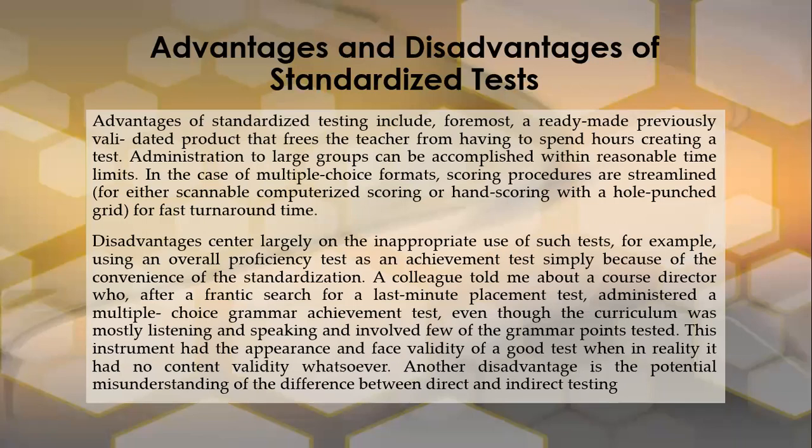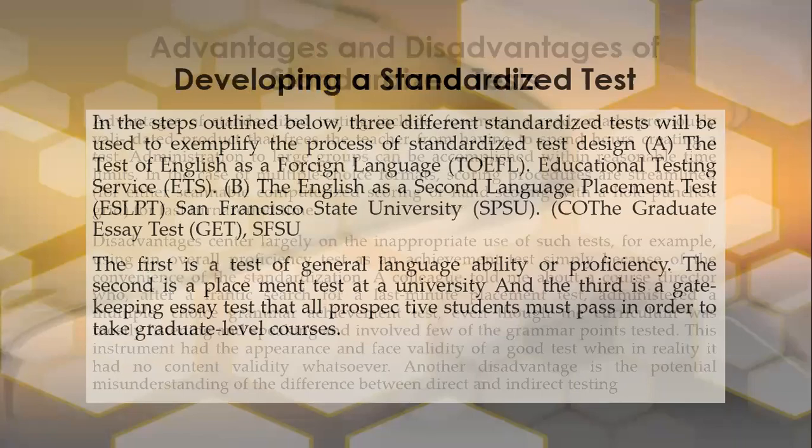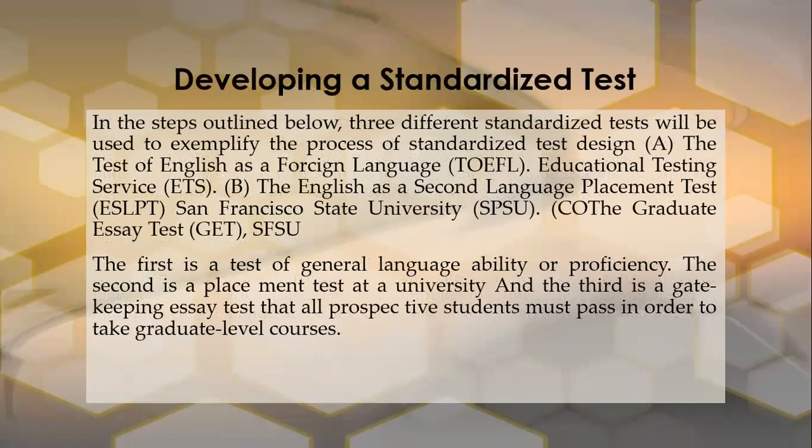Another disadvantage is the potential misunderstanding of the difference between direct and indirect testing. Developing a standardized test. In the steps outlined below, three different standardized tests will be used to exemplify the process of standardized test design.